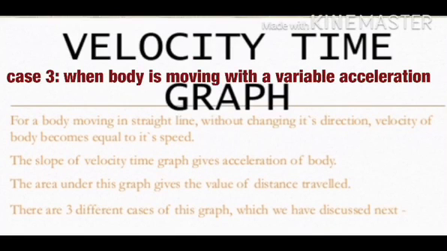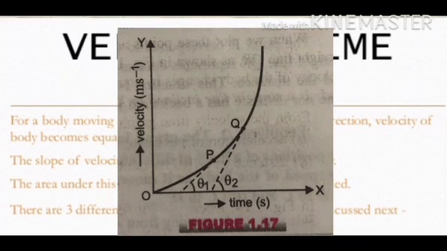Now case 3: when the body is moving with a variable acceleration. When the body is moving with a variable acceleration, the velocity time graph in that case is not a straight line. It is a curve, as shown in the figure. The slope of the curve at P, which is tan theta 1, is less than the slope of the curve at Q, which is tan theta 2.